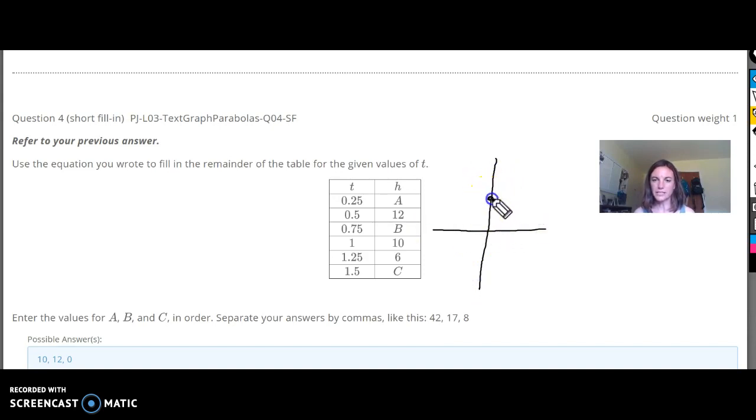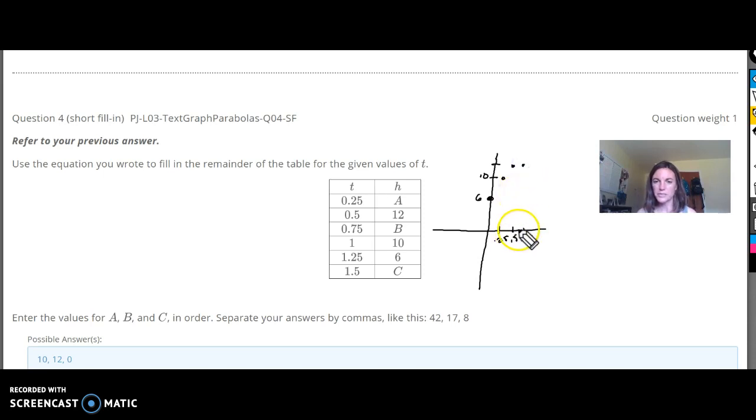okay, I have my initial time 0 height of 6. I knew that A is 10, so at 0.25, I'm up here at 10. So we've got a point right here. Let's see, at 0.5, I'm up at 12, okay? And then at 0.75, I'm right back exactly at 12 again.